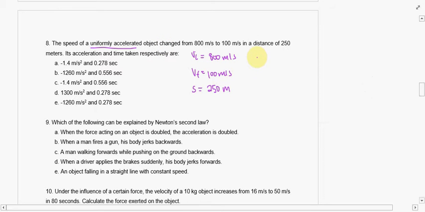So calculate the acceleration as well as the time taken respectively. Okay, this one should be pretty straightforward. Vf squared is equal to Vi squared plus 2As.